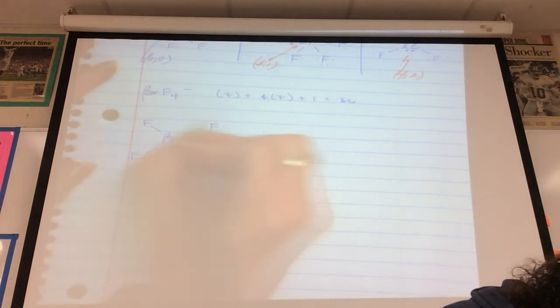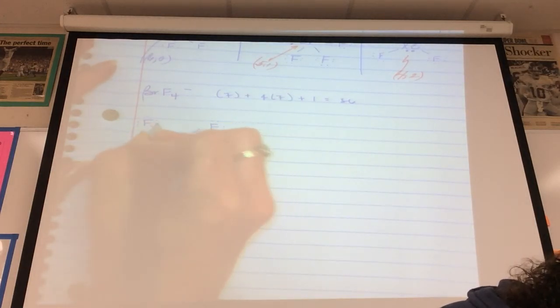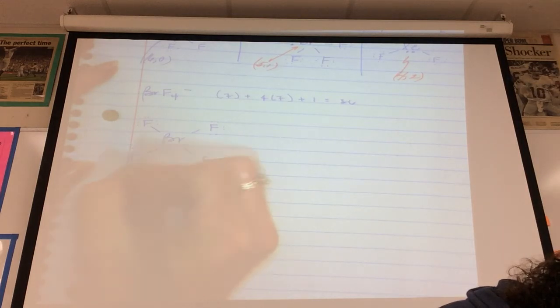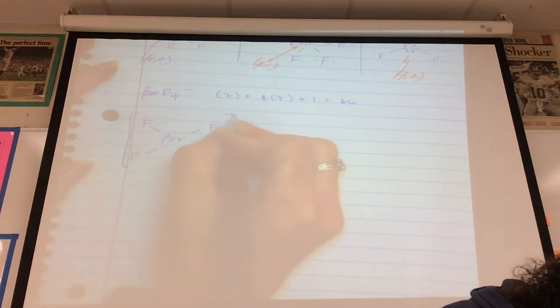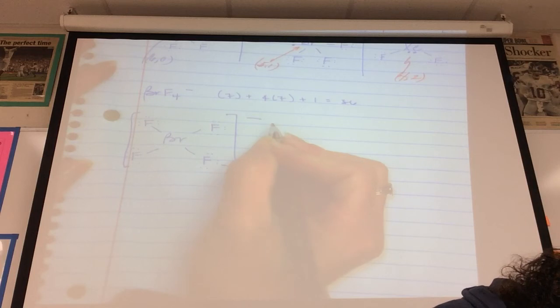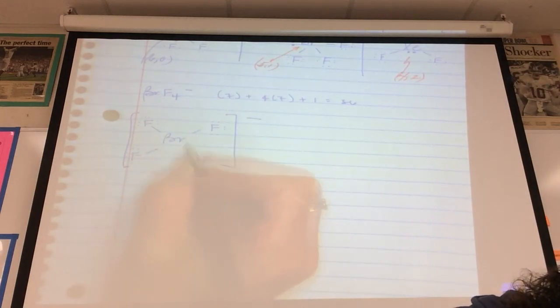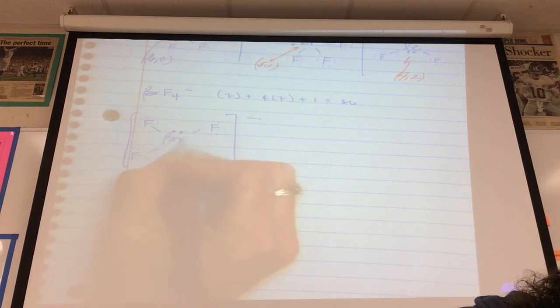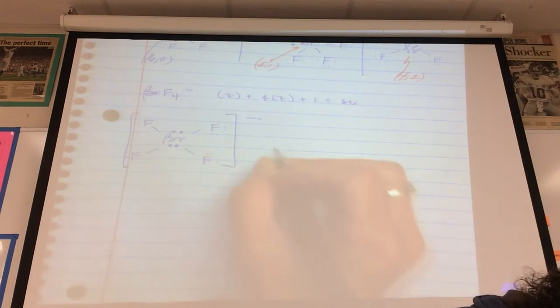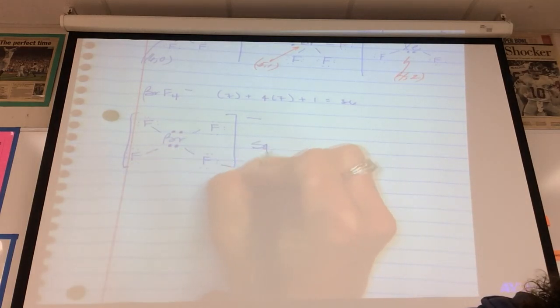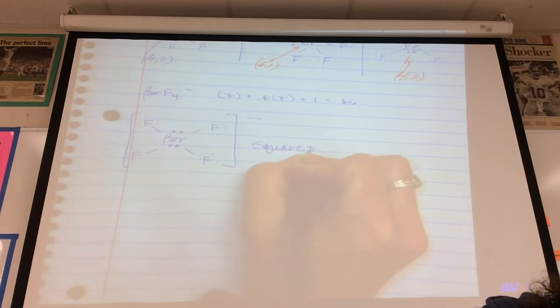Now, be very careful. I can't tell you how many brilliant kids I've had, and I've had a lot, who forget that. In addition, we're at 24, 26, 28, 30, 32, and I need 2 lone pairs. What's the shape? Square planar. Square planar is correct.